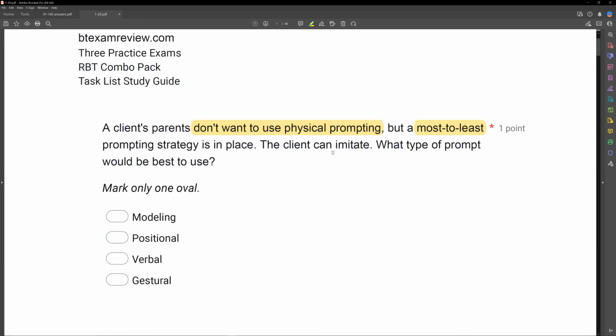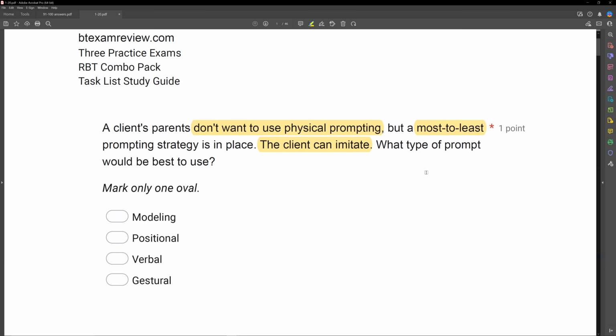So if we can't use physical prompting, what is the next in our hierarchy prompt that is intrusive compared to physical prompting? Well, next up is going to be modeling. And if we're going to use a modeling prompt, we need to make sure that the client can imitate. Well, in the question, it tells us the client can imitate. So based on this information, we can assume what? We can assume we're going to use a modeling prompt.